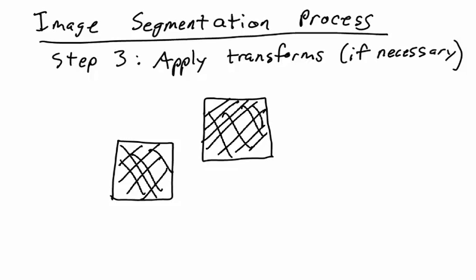Sometimes we end up with a black and white image where the objects are not separated from one another, but they touch one another slightly. For example, we might end up with an image that looks like this image that I'm drawing on the side here.